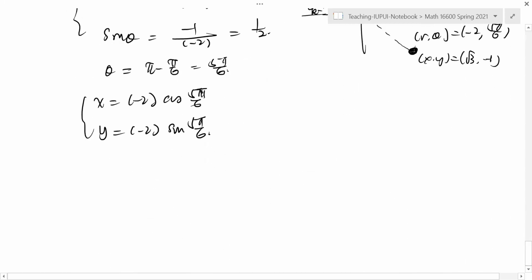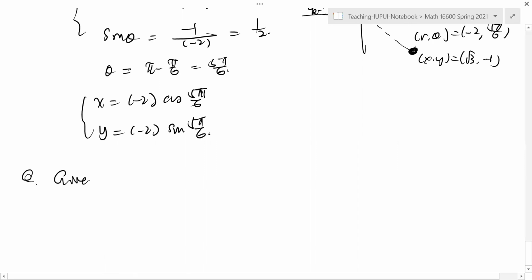Now we can describe curves using polar equations. A polar equation means the points are determined by the relation between r and theta.